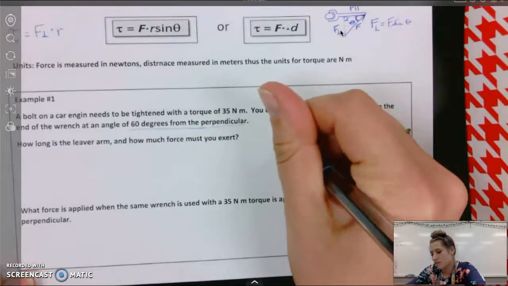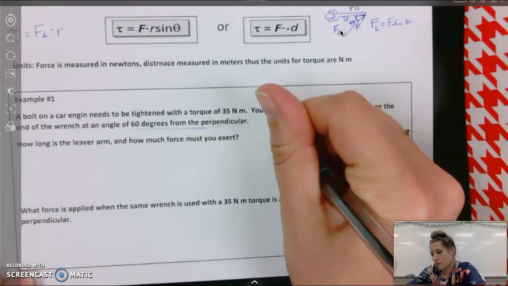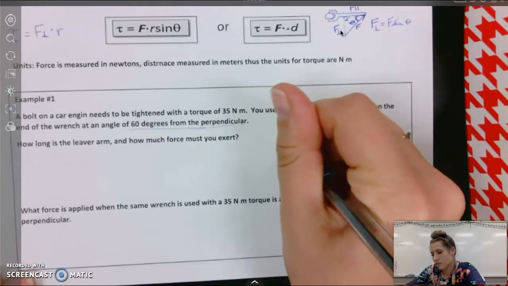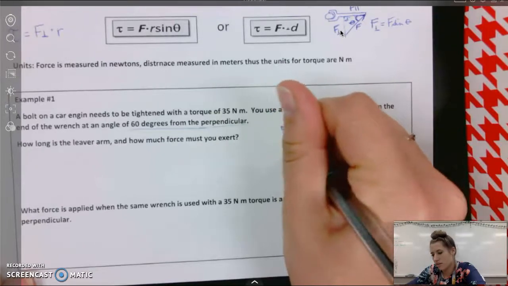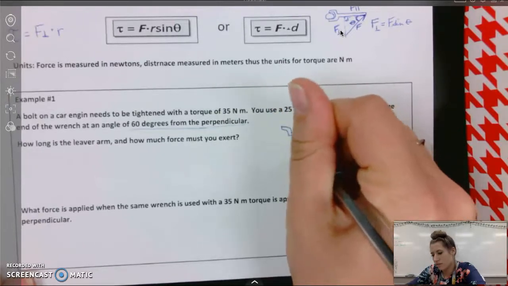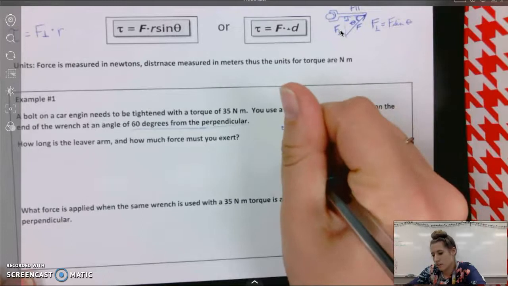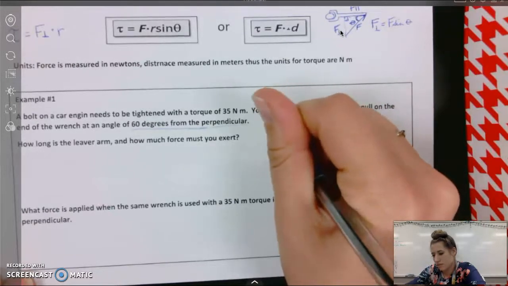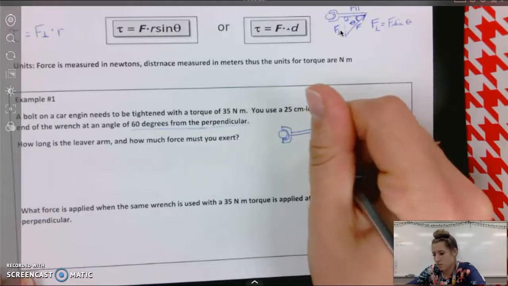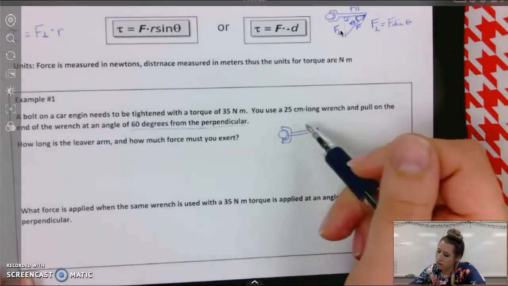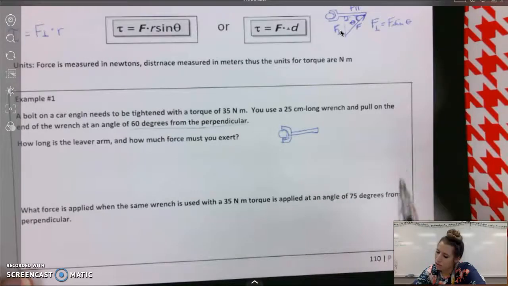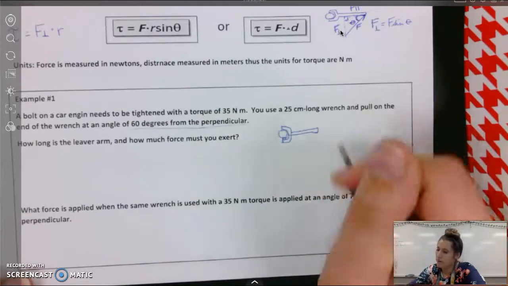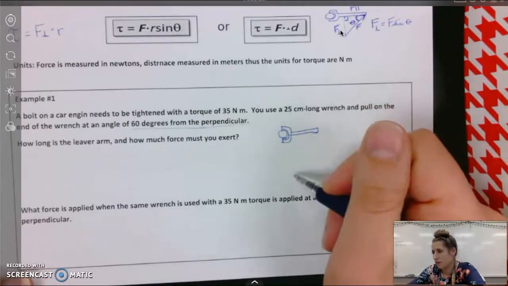Okay, so we have our wrench here, turning this bolt, and we are pulling on the end of the wrench.